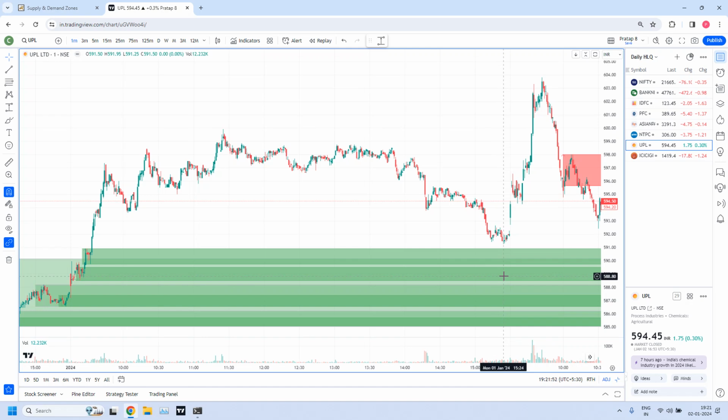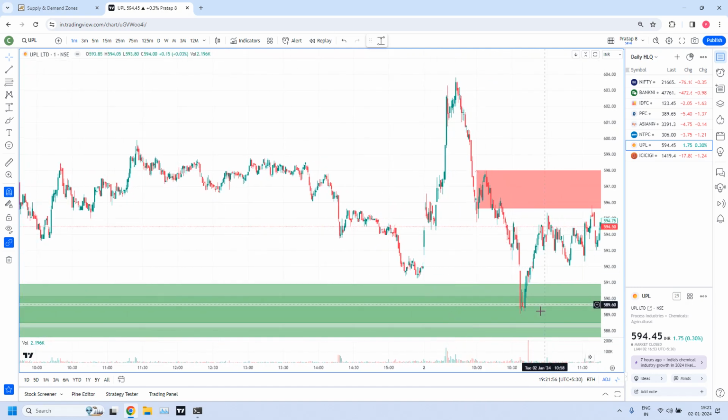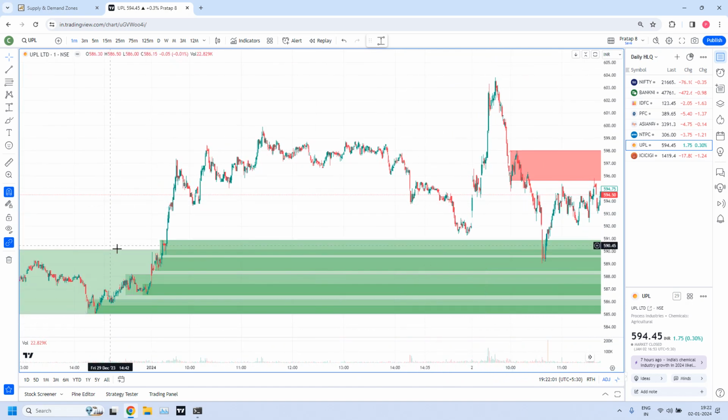Break means to consume the existing supply. Once the existing supply is completely consumed, see how prices are moving up. That way you have to plan your aggressive trades. Without such kinds of clues, you cannot plan aggressive trades.